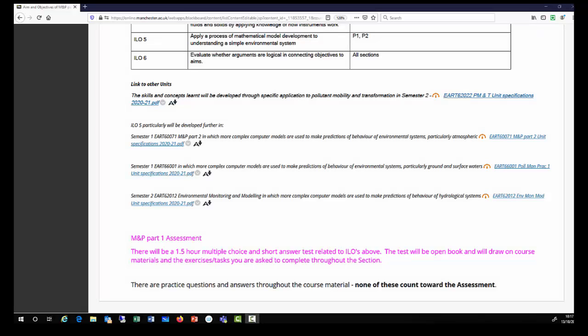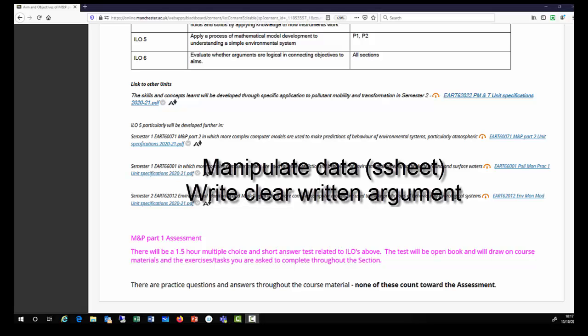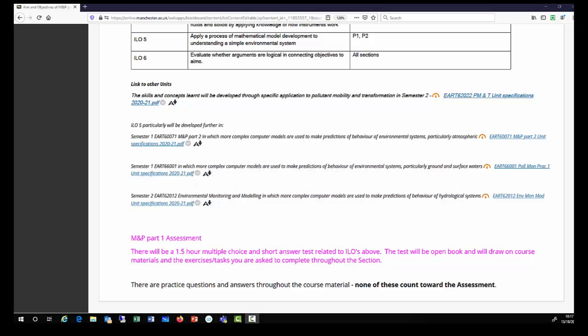The exercises throughout the unit generally involve manipulating some data, which is usually in a spreadsheet, and doing some writing, which you're guided through in both cases by a short video. None of these exercises count directly towards the assessment.